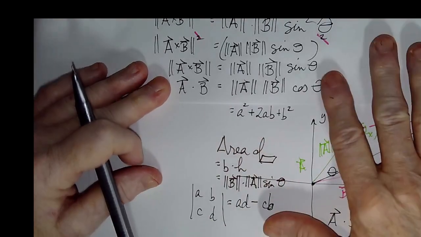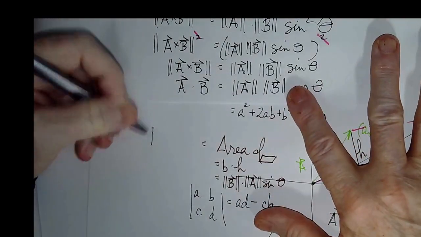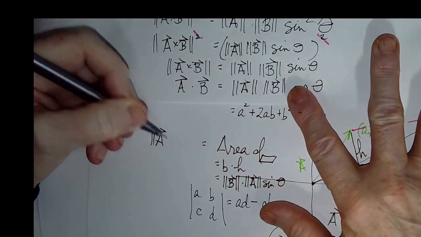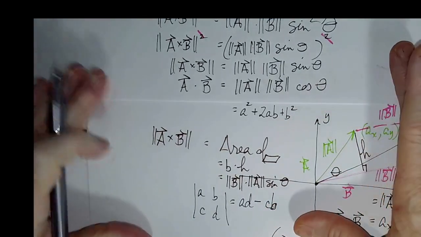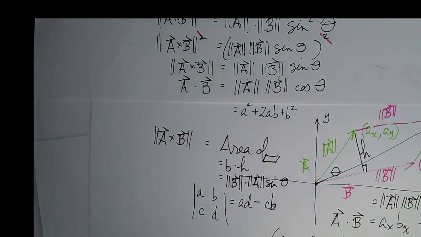So the area of that parallelogram is the magnitude of the cross product. It's just kind of a nice little connection.